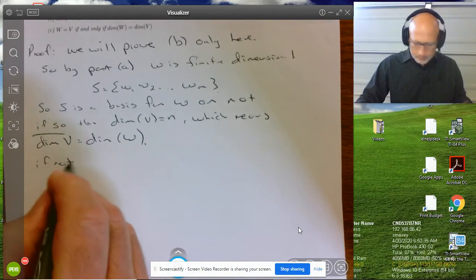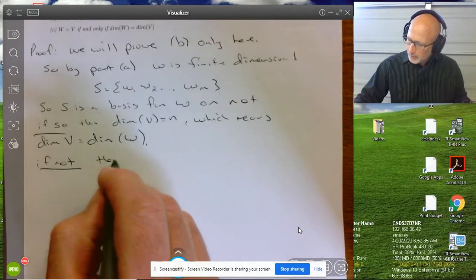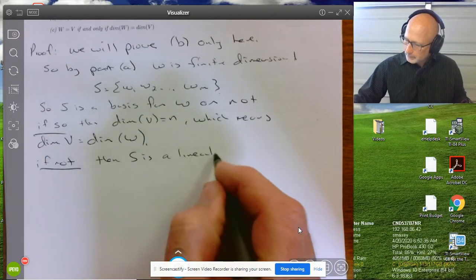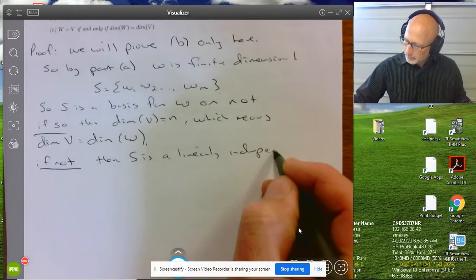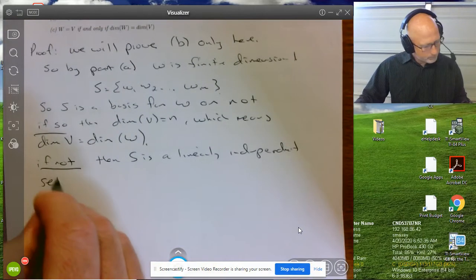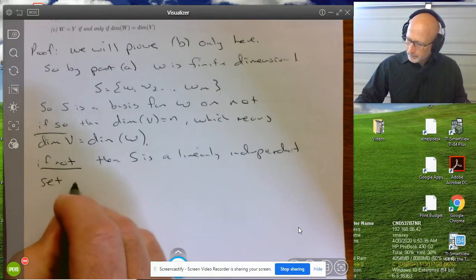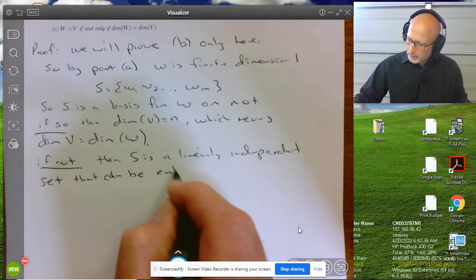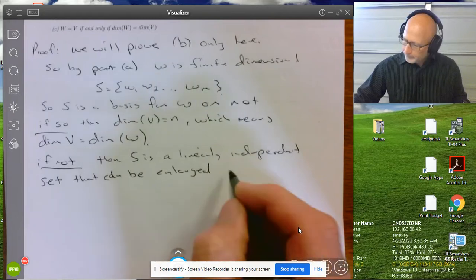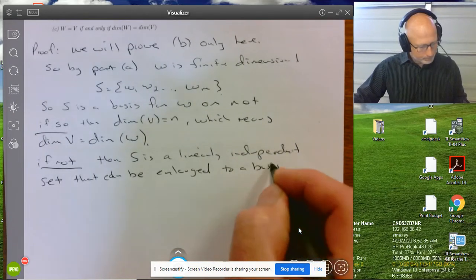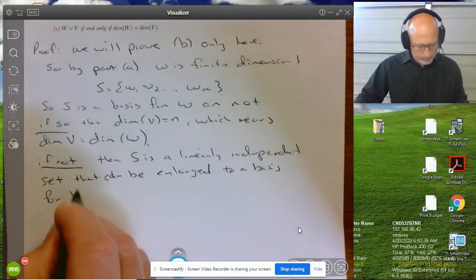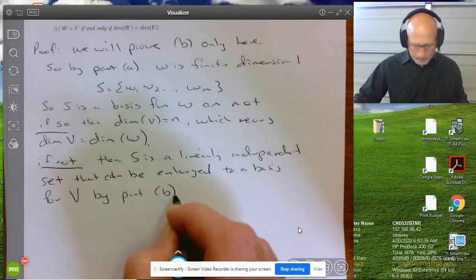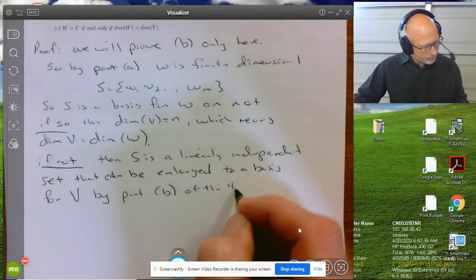If not, then S is a linearly independent set that can be enlarged to a basis for V by part B of theorem 4.5.5.